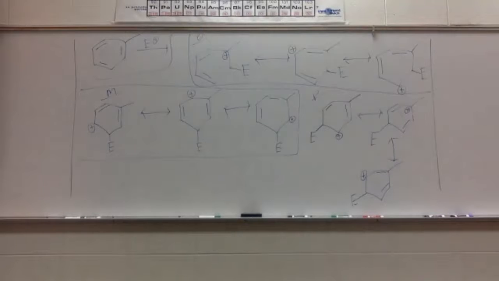Because the carbocation sits next to the toluene on the other ones. The positive pulls away from the toluene on the ortho pair. The electrophile is actually not going to matter here. And the CH3 of toluene doesn't have anything electronegative, so it's not going to be that in this case.